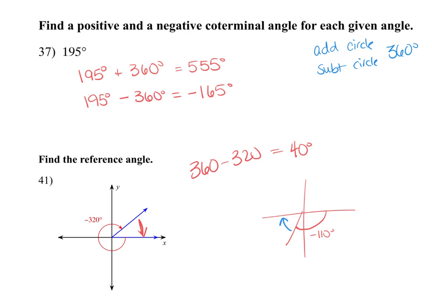So for that one, 180 will take me to my closest, so I'm 70 away. This guy would be 70 degrees as a reference angle. Reference angles are just to the closest x-axis where your angle is, and they're always positive. All right, so you're just telling me how much further do you have to go to get to the closest, or you might have to go backwards. You may have gone past the closest one and you need to go back.